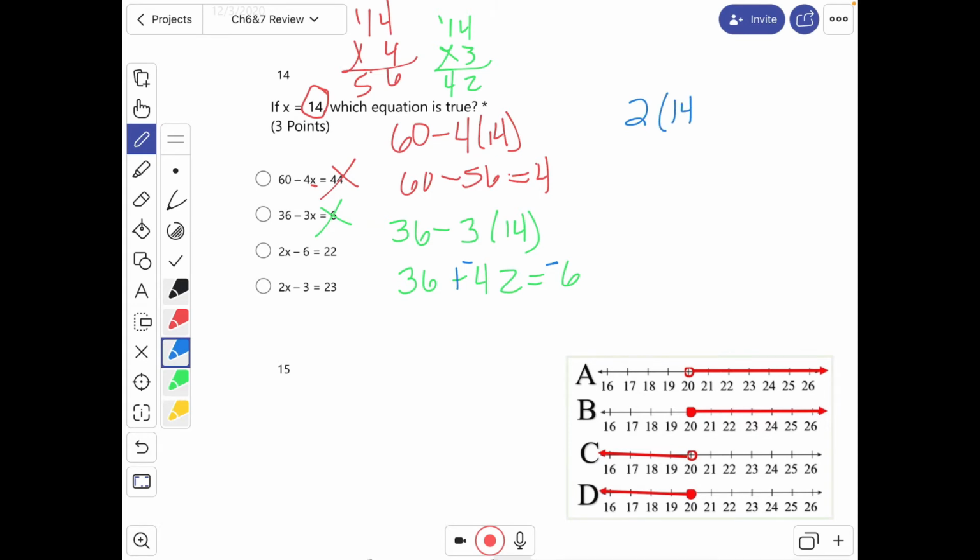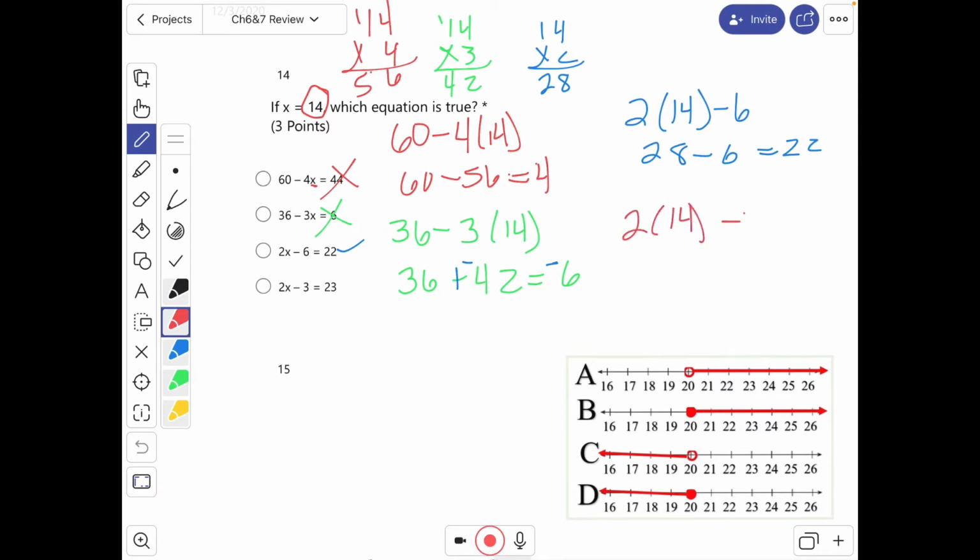The next one is 2 times 14 minus 6. And 2 times 14 is 28. And 28 minus 6 would be 22. That one might be our answer choice.